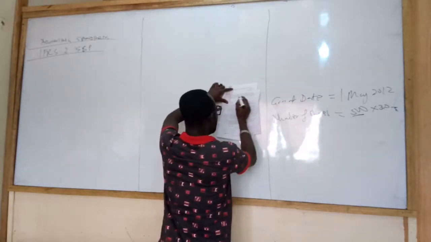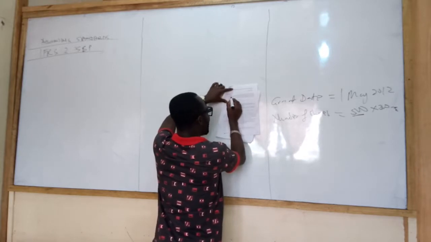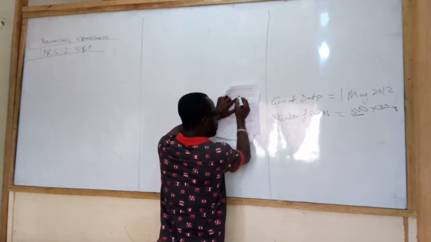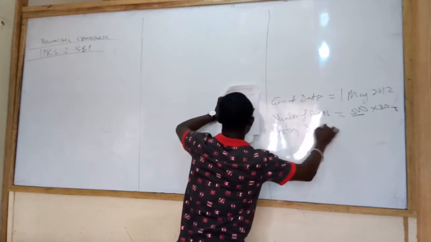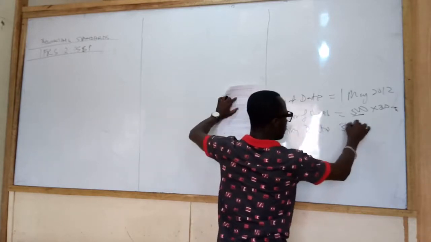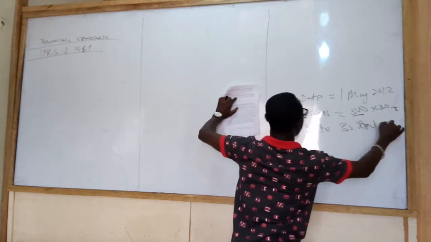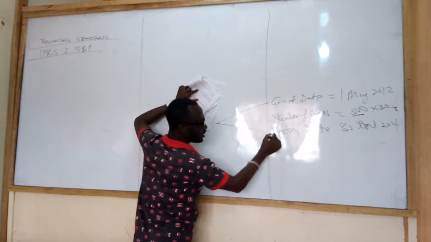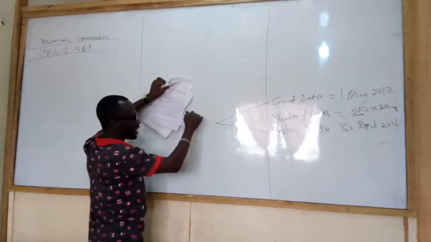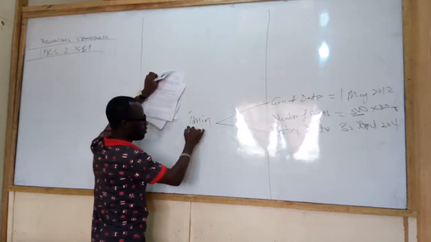Then all of the rights vested on, so the vesting date, very important, it's 30th April 2014. So the difference between the grant date and the vesting date is the period, the timing ratio, how you get your timing ratio.